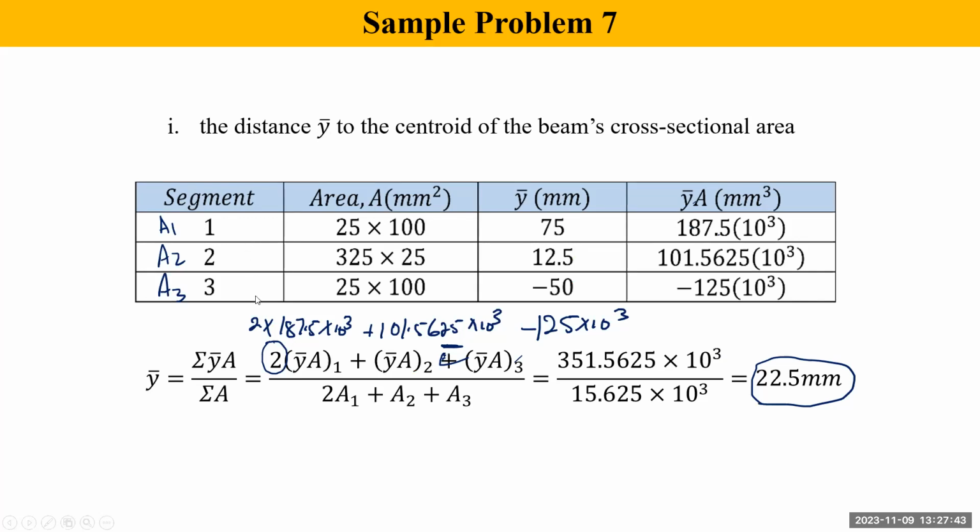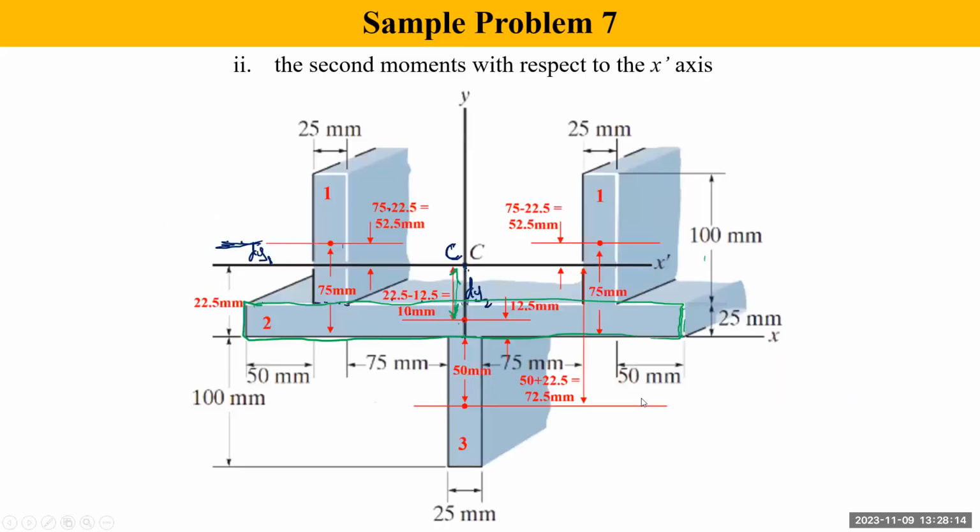It's 2A1 that you have, so you multiply that by 2, add this and everything else, and you get this value, 1.569, whatever that is, and this big figure down here, 15625. Down here it's similar: you have two of this, so you double it, add that value, minus, and then you get this distance. So we're clear on that.